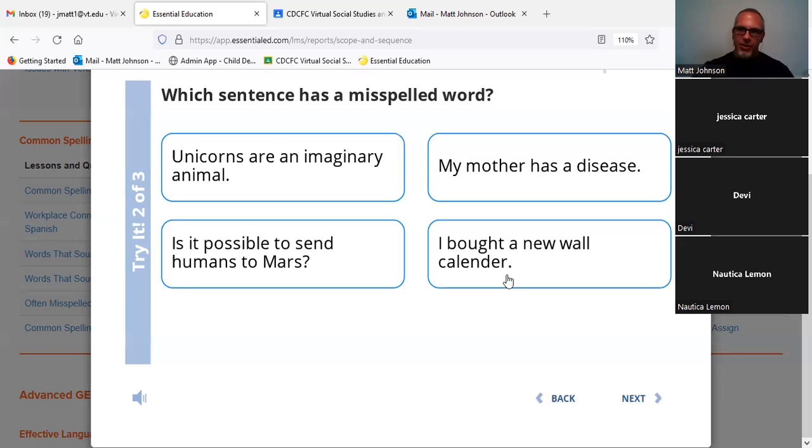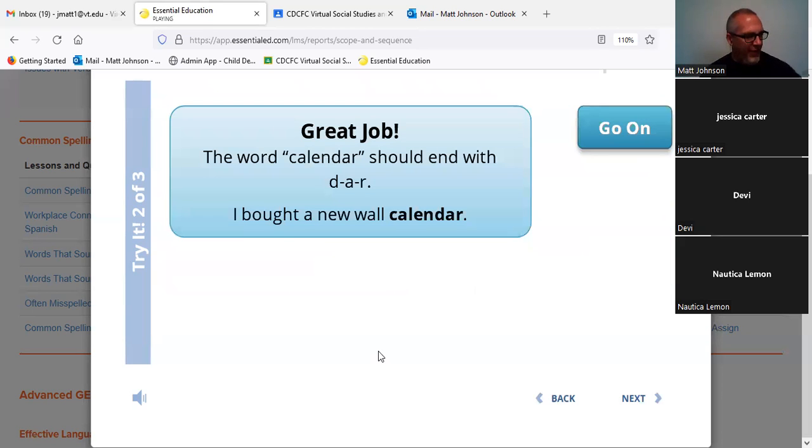But again, that's one of those commonly, the way we pronounce things, the way things sound when we put them together, very hard to distinguish sometimes. So calendar, we soften those sounds a little bit, and it's easy to mistake them. Great job! The word calendar should end with DAR. I bought a new wall calendar.